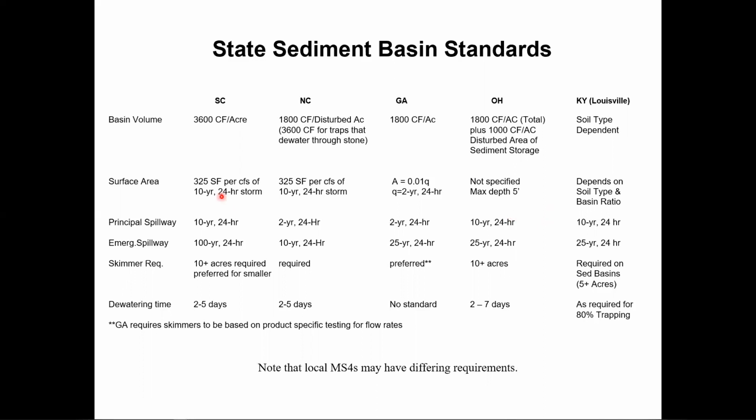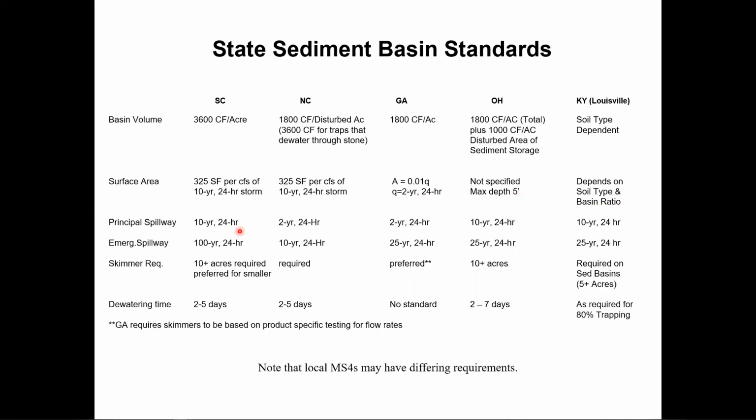Surface area, some states use a 10-year storm, 325 square feet per CFS for 10-year. Others use a 2-year storm. If you run the math, they come out pretty similar. Some states have a maximum depth, but don't have a minimum surface area. And then again, Kentucky requires it to be calculated based on the soil type and a basin ratio equation.